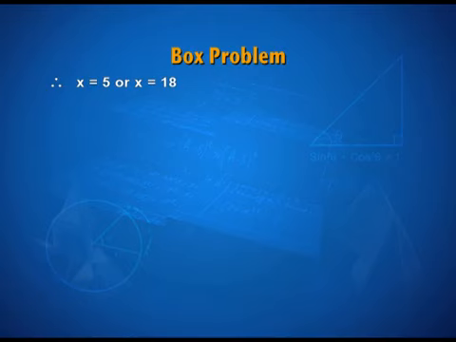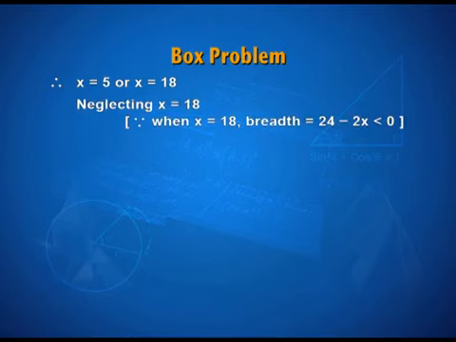Now, x equal to 18, is that a possible value? No. Why? Because when the value of x is 18, breadth becomes less than 0, not a possibility. So, we reject or neglect x as 18 and concentrate on x equal to 5.